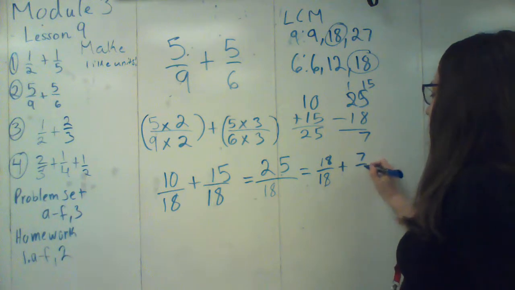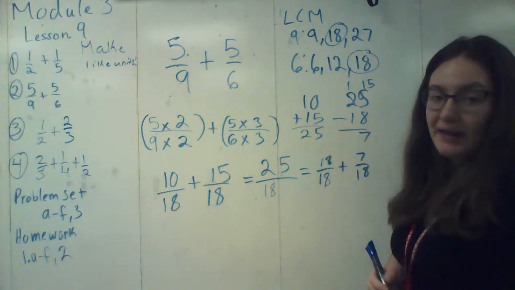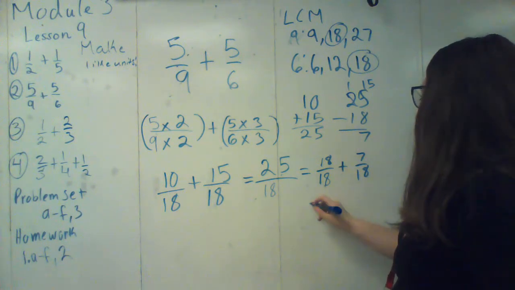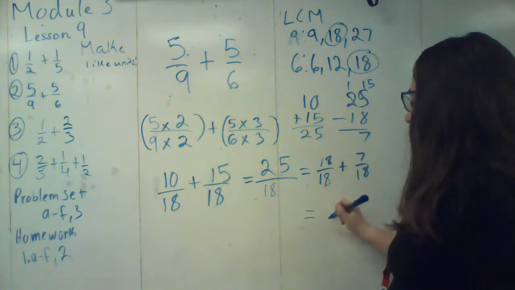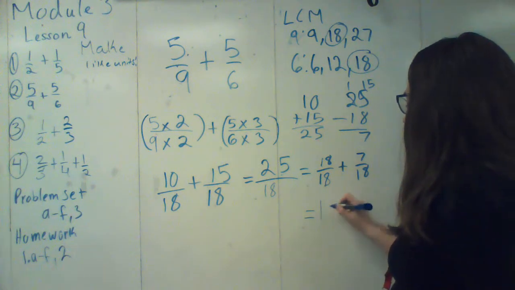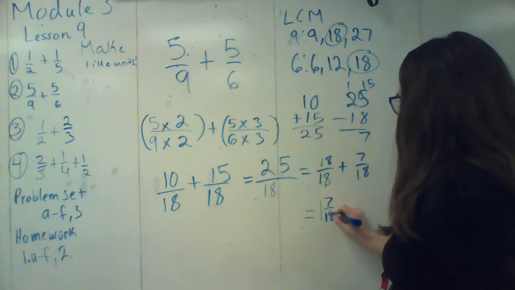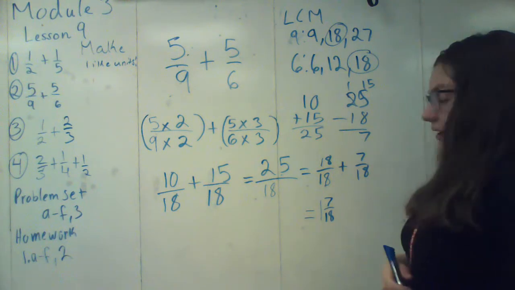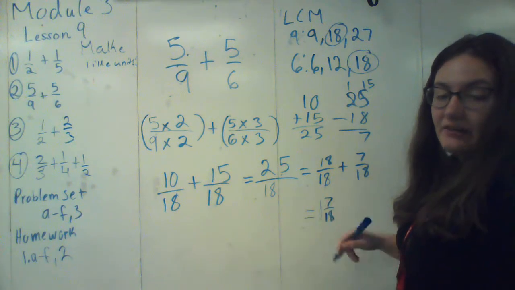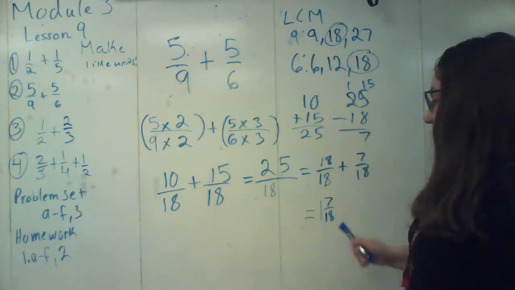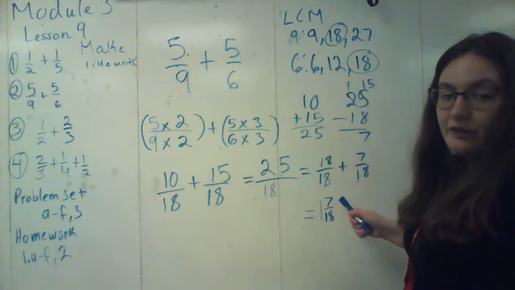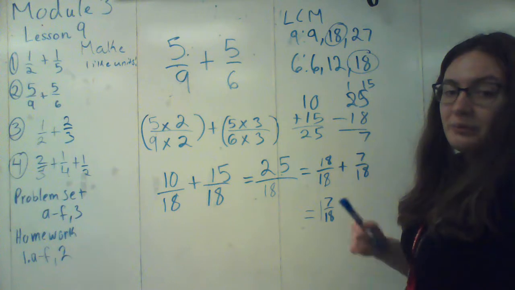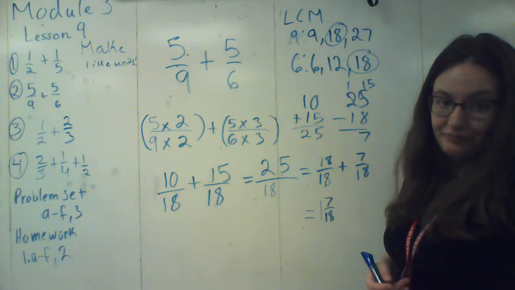So I would have 7/18 as my remainder from that. So now 18 over 18 is just one whole, and then 7 over 18 would be my remainder from that. So my final answer would be 1 7/18. This cannot be simplified because the greatest common factor between these numbers is only 1.